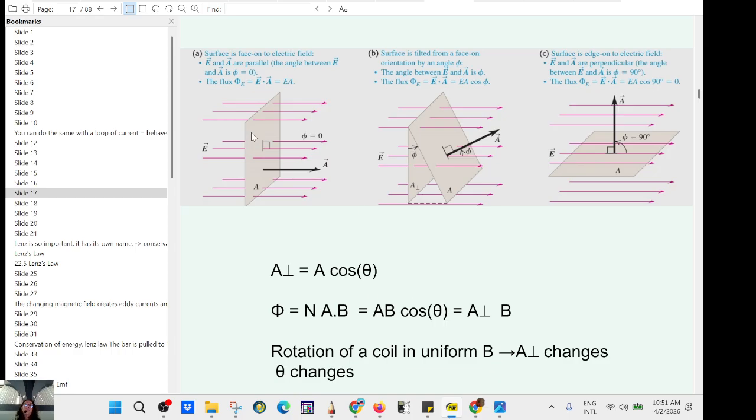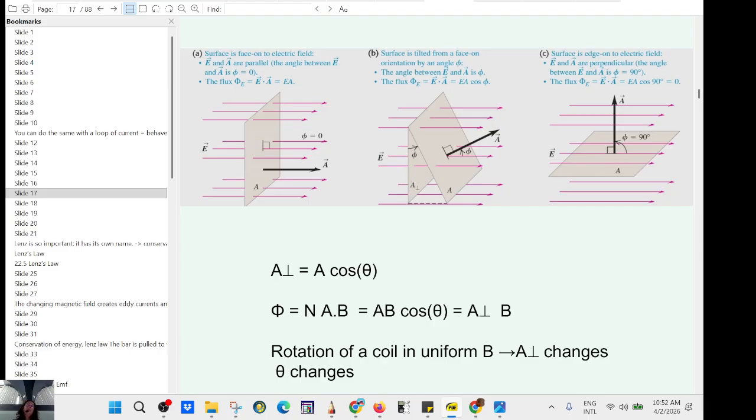So again, that will be the electric flux, but the same thing for a magnetic flux, right? The flux is the number of field lines poking through. In that case, it's an open area. With Gauss law, it was a closed area. Okay, so in that case, the number of field lines will be equal to the number of lines poking through this projection of the area, A perpendicular.